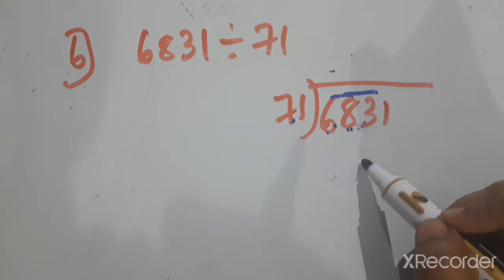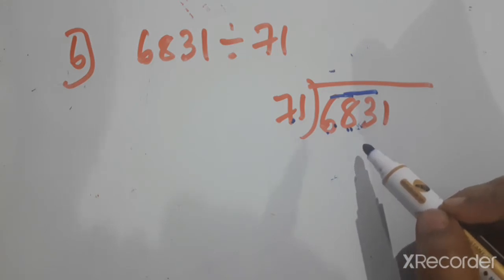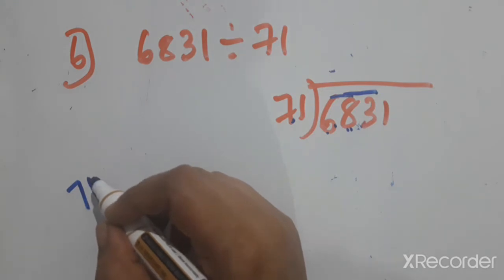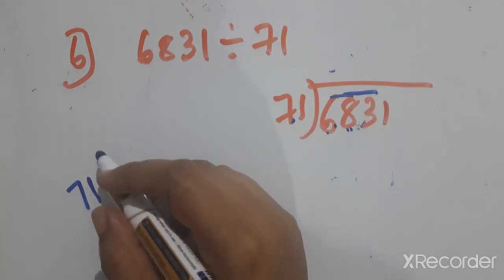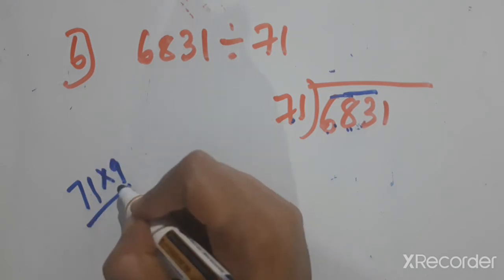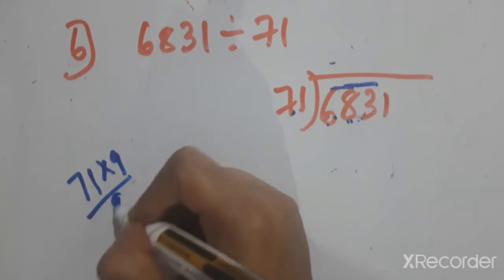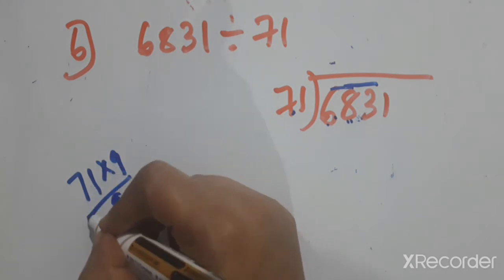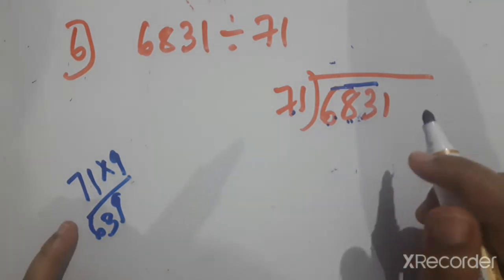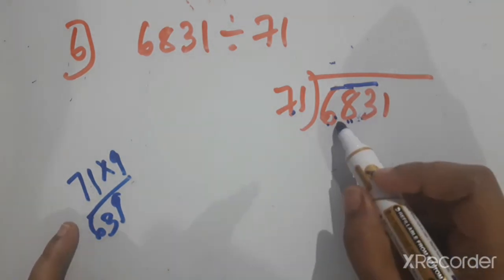Take 3 digits. So this is 683. Now check 71 how much are nearer to 683. 71 tens are 710. Okay, so 71 nines, we will check. 9 ones are 9, 9 sevens are 63, 639. 71 tens are 710, that is greater than this number.